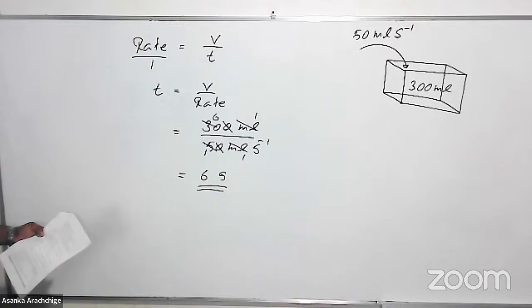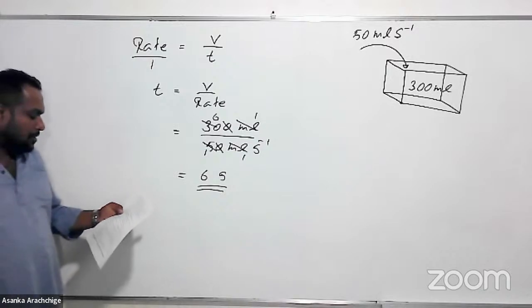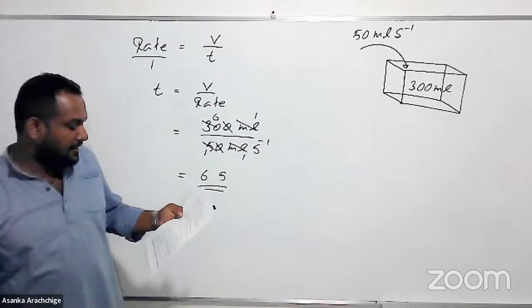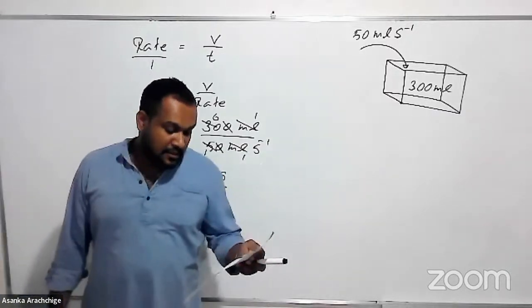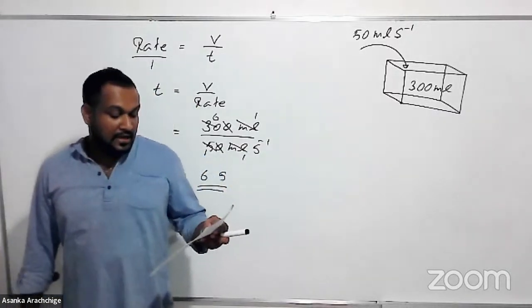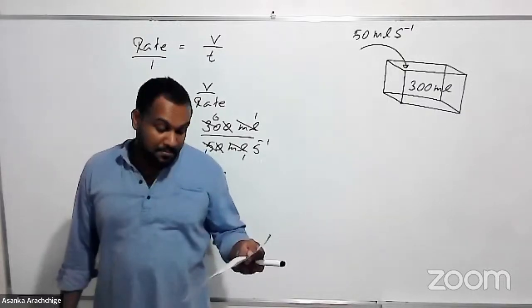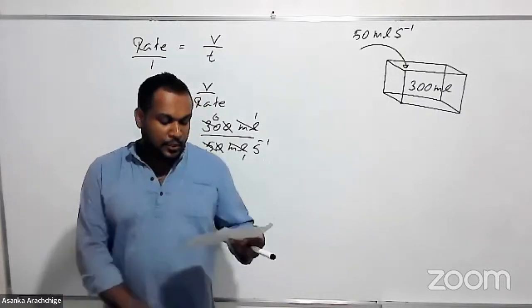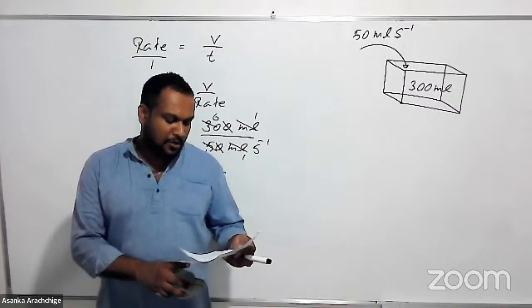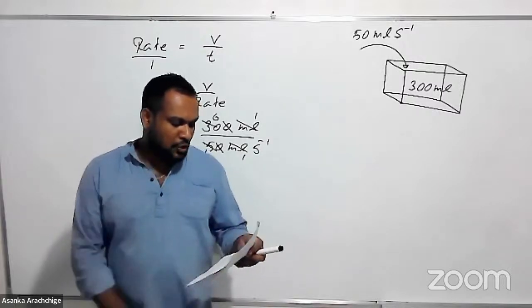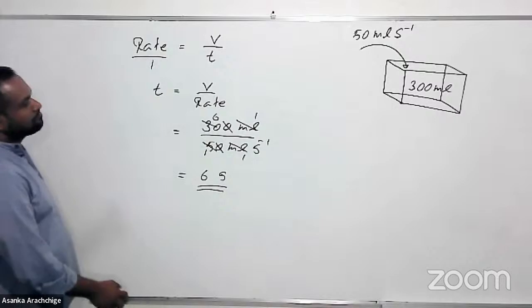Number 16. Water flows through a gutter at a rate of 75 liters per minute. Calculate the volume of water that flows in 2 hours.